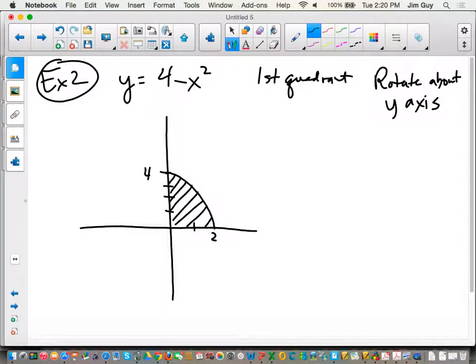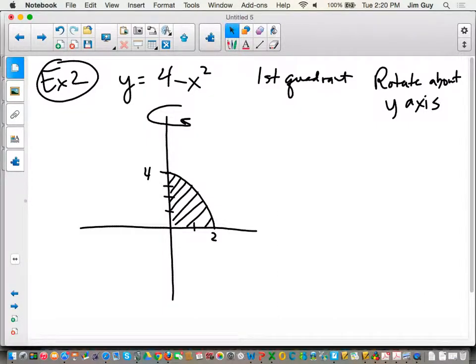We're going to rotate it around the y-axis this time. So I have another model for this one. You think this is pretty darn close to that shape right there. Rotate it around. The last one basically looks like a hemisphere.